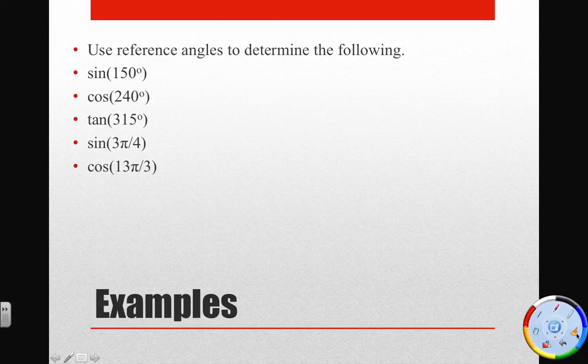Last one on this page here, cosine of 13 pi over 3. Oh, this one's going to be hard because there's no 13 pi over 3 on my circle. But we do have stuff with thirds on them. So I want to think about this. If I go halfway around my circle, that would be 3 pi over 3.